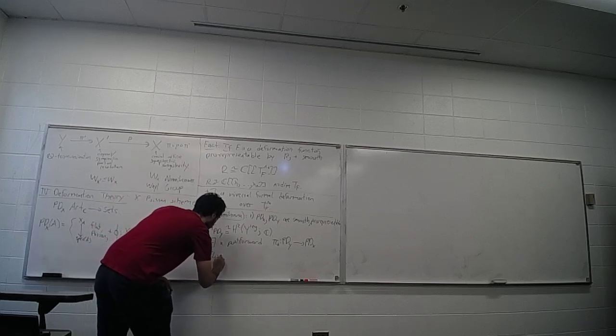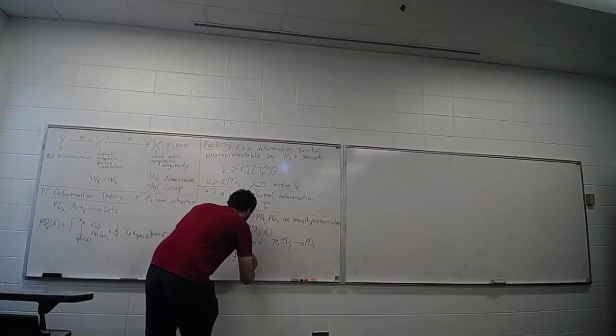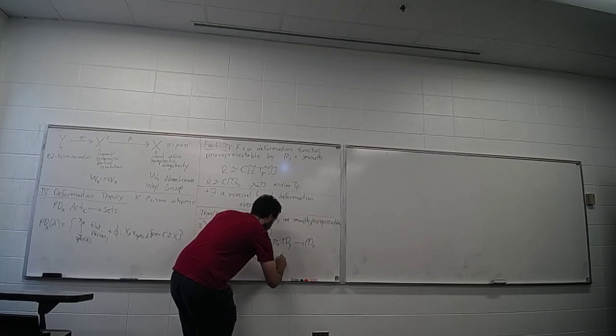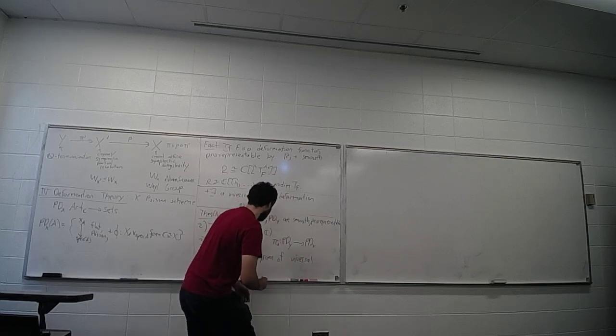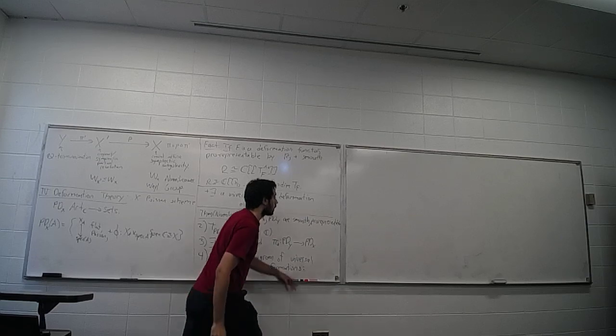So this is some of the theory, some of the setup, and then it turns out that, with some work of Losev, there exists a diagram of universal deformations, and I'm just going to write it over here. So the diagram looks like this.